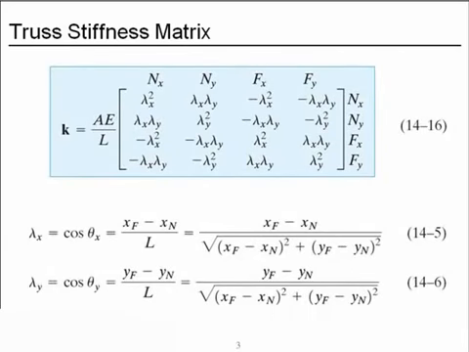Now if we look at equation 14-16, there are some terms repeated often. Directional cosine in the x, lambda x squared, lambda x times lambda y, and lambda y squared. And sometimes there's a negative sign in front of those. But all of these terms involve one of those three. And we'll pull the length inside. So let's calculate those three.